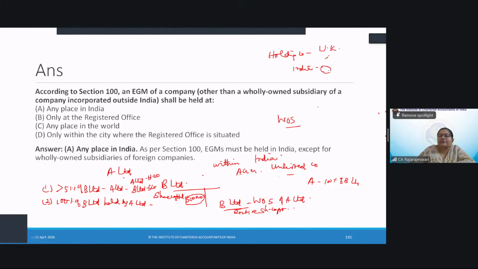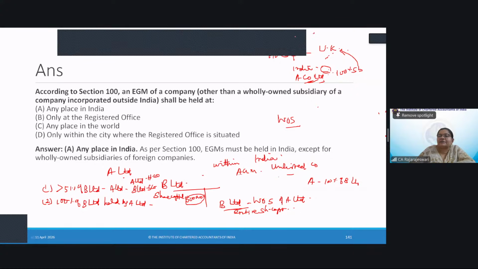Now 100% of the shares are held by that UK company. Suppose I take it as A company, and this I will take as the UK company.